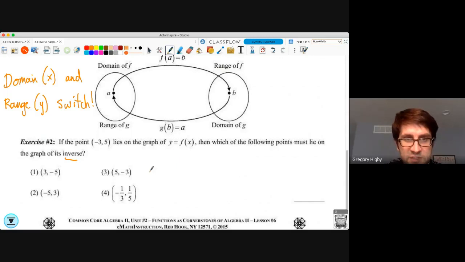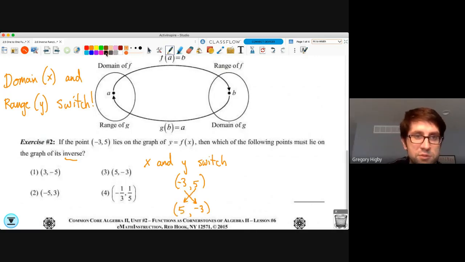So since X and Y switch, sometimes I just have students write out the ordered pair, (-3, 5). So the -3 needs to become the Y coordinate, and the 5 needs to become the X coordinate. So as you look through the options, the correct answer is option 3.